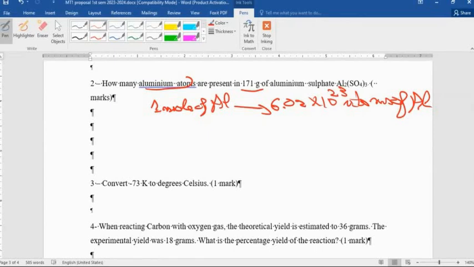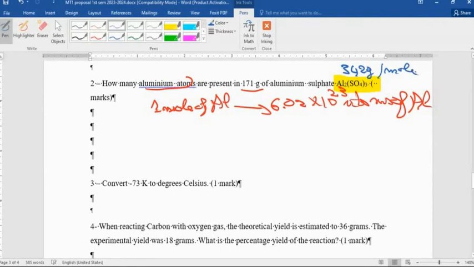Oh, hang on, doctor. This compound is not strange for me. Why? Because we have seen this one in question number 2, when we find what? The mass percent of oxygen. So I know the molar mass of this compound. It is 342 grams per mole.